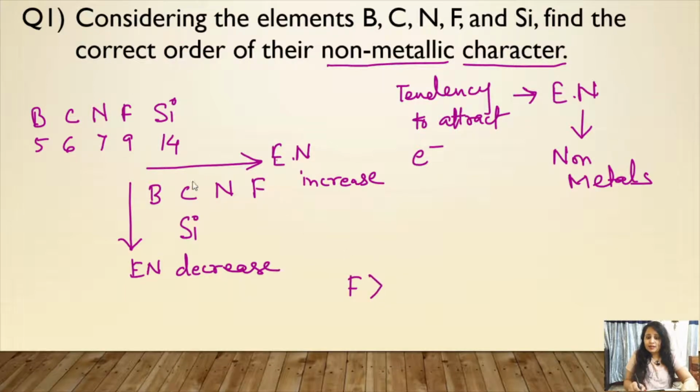See here, in this way it is increased. It means fluorine is highly electronegative. Then comes nitrogen. Below that comes carbon, and after that boron. And it decreases like that. Silicon, being lower in the group, has the lowest electronegativity.